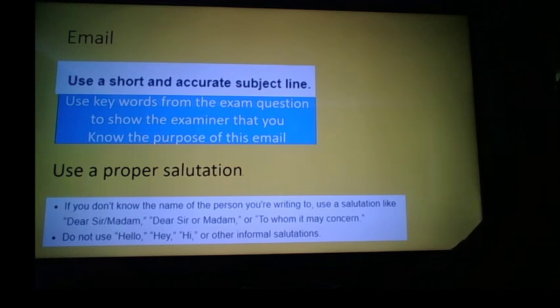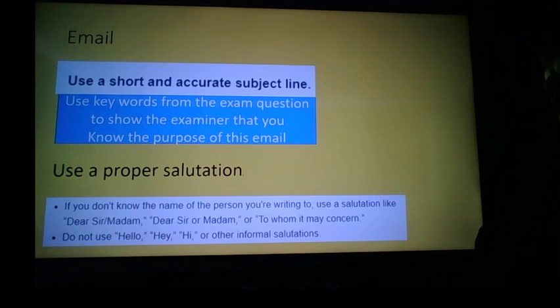And if you don't know the name of the person you're writing to, use a salutation, an opening greeting. That's Dear Sir stroke Madam, comma, Dear Sir or Madam, comma, or To whom it may concern, comma.